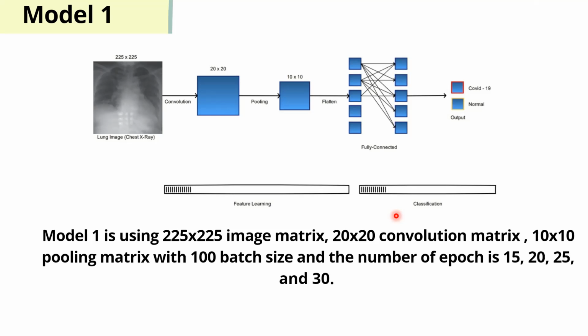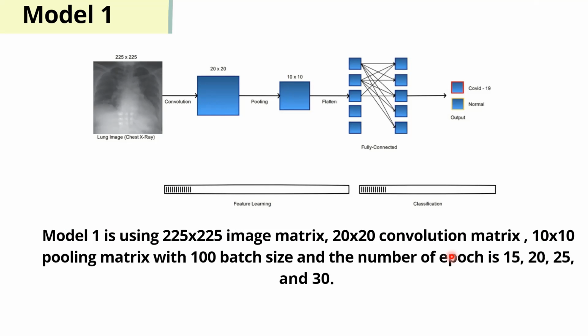The first model can be shown in this figure. Our first model uses a 225 by 225 image matrix, a 20 by 20 convolution matrix, a 10 by 10 pooling matrix with 100 batch size, and the number of epochs is 15, 20, 25, and 30.